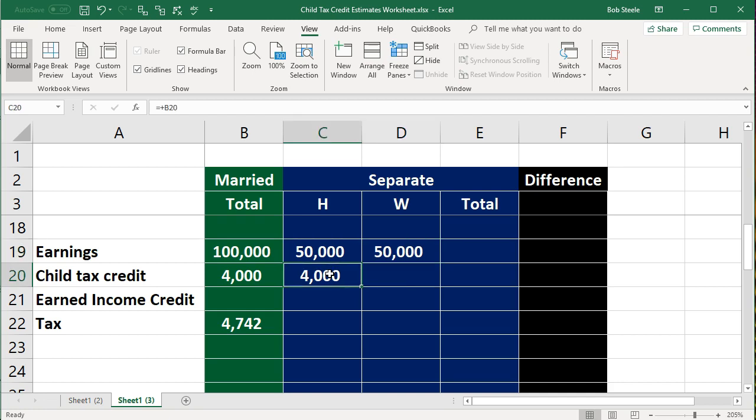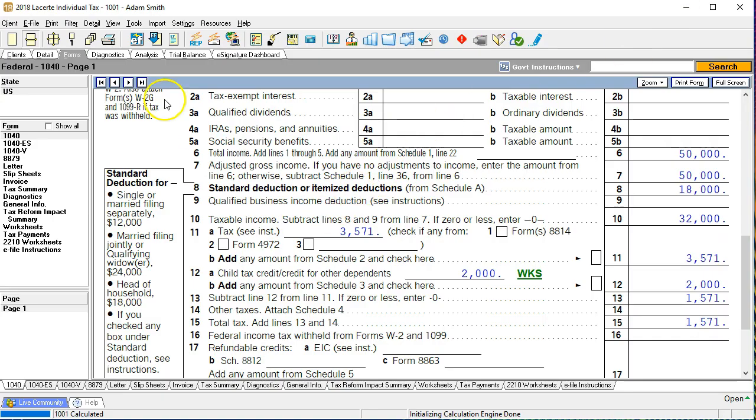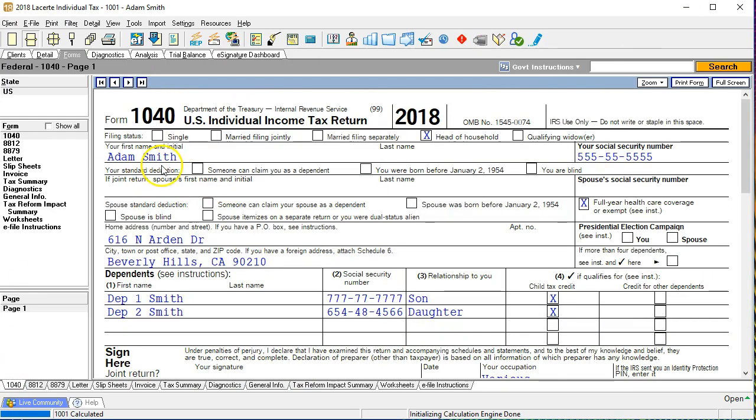Now the husband, or this spouse, would get the filing status of head of household, where this one would not, and you have that 4,000 potential for the credits. So let's see what that would look like. If we go back here, now we have one of the spouses on separate returns, and it's a head of household status because now the two dependents are on one of the two returns. So head of household rather than single.